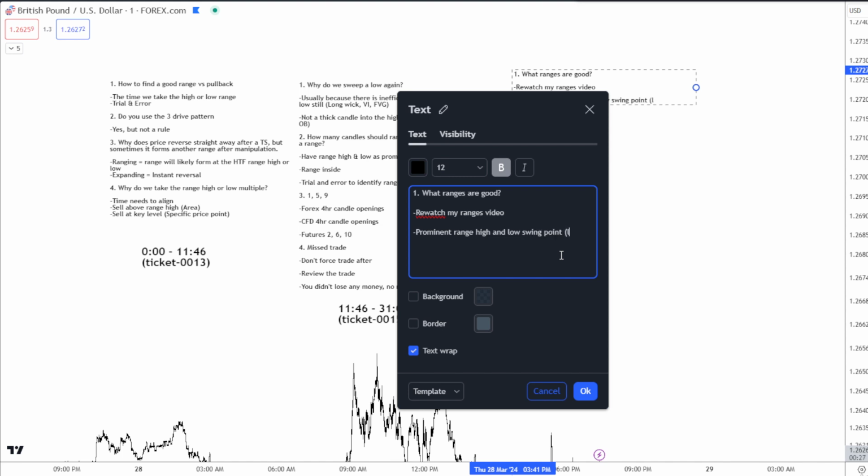The lows that break the highs, highs that break the lows, highs and lows just above or below key levels.